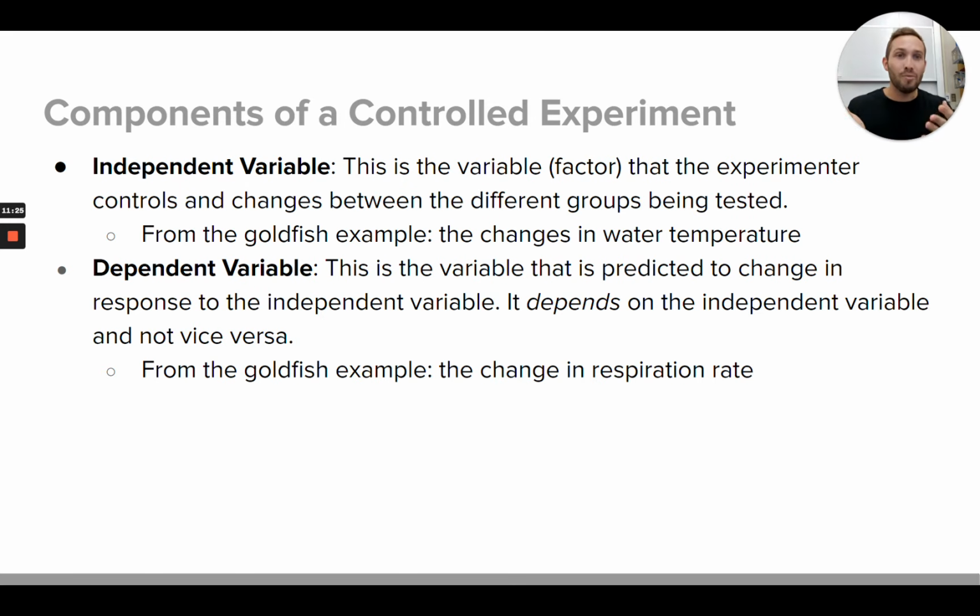Now, I don't have any direct control over the respiration rate. I can't point to a fish and say, you start breathing 5 breaths faster. But I'm going to measure this as a result of the experiment that I set up to see how it's changing. That's the dependent variable. It's basically always the thing that you're measuring as a result of what you've set up. In this case, I'm measuring the respiration rate.